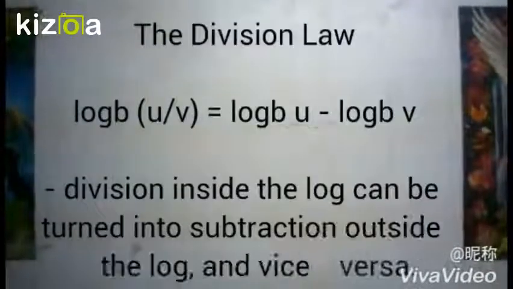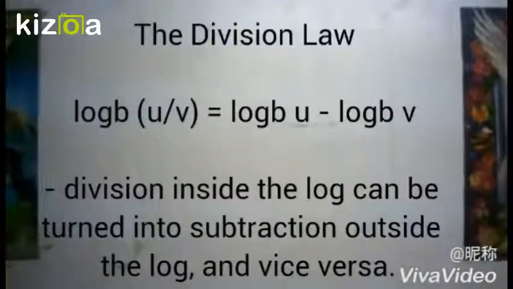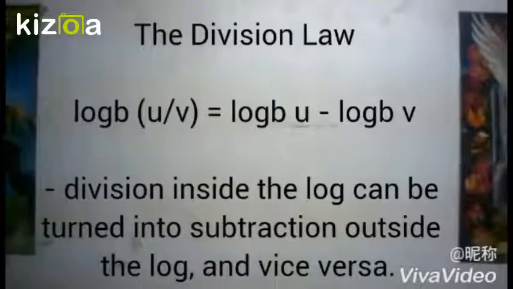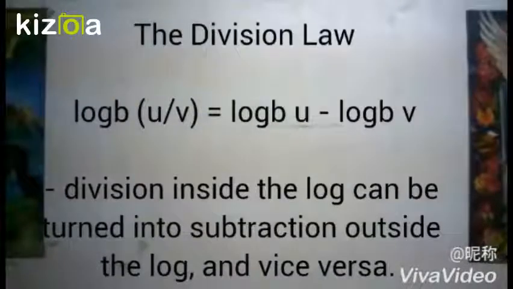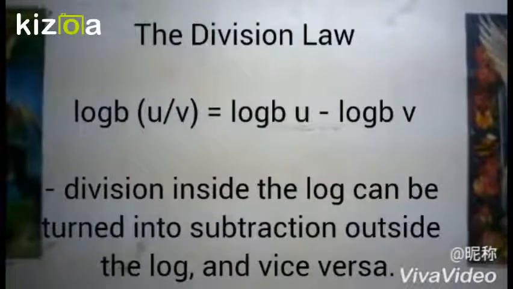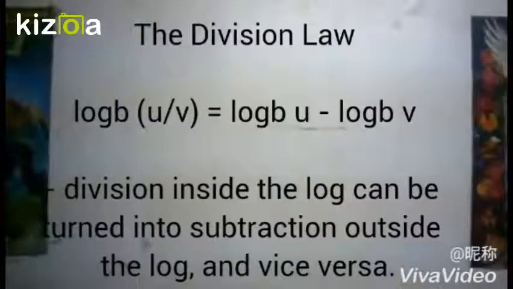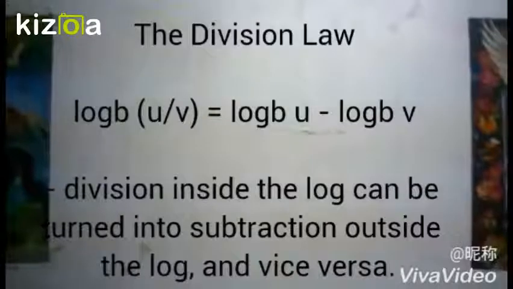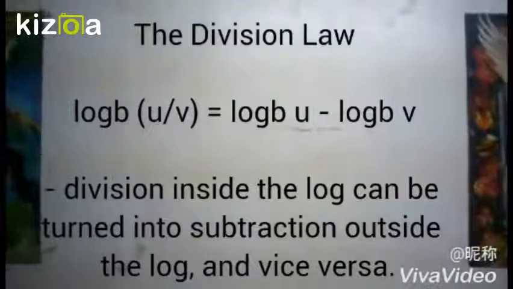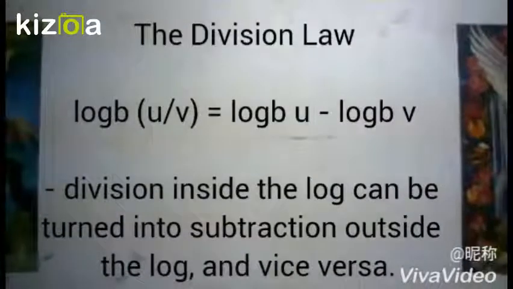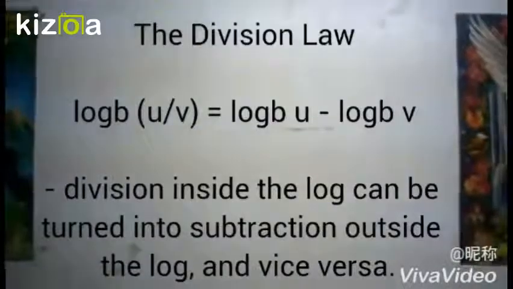The second law is the division law, and it can be read as the logarithm of u divided by v to the base of b equals, outside the log, the logarithm of u to the base of b minus the logarithm of v to the base of b. Division inside the log can be turned into subtraction outside the log, and vice versa.